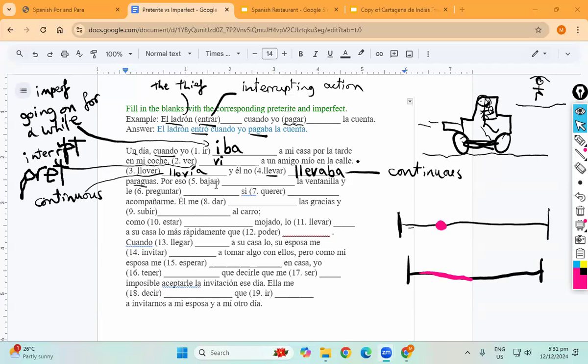Okay, good. Preterite for the first one because I lowered the window. That's just one dot. I'm just trying to convey that that's what I did, not that it was going on for a while, right? So we take off the AR, and for yo, what do we add? We have the stem as BAJ.